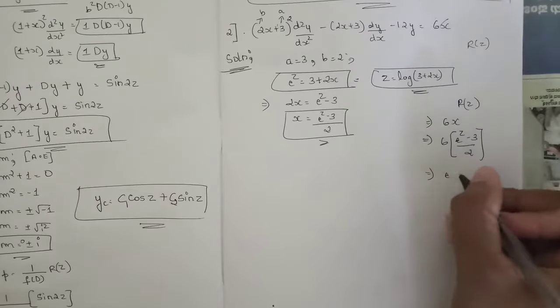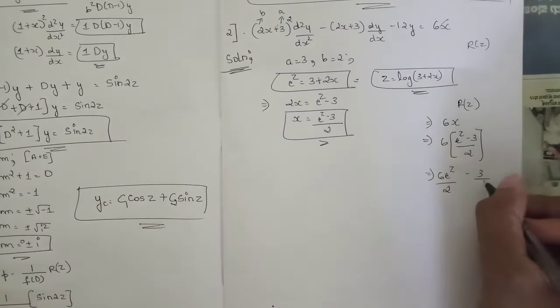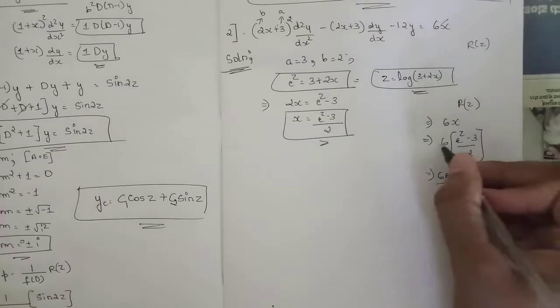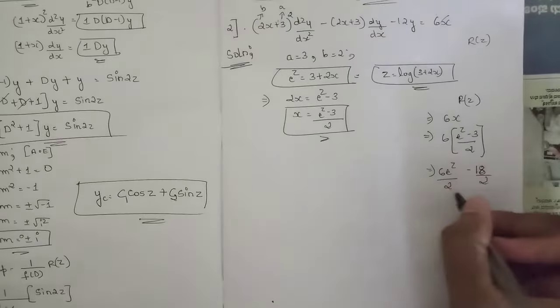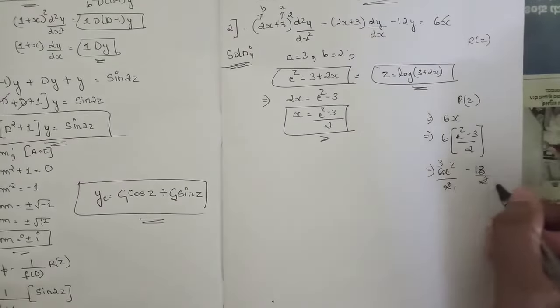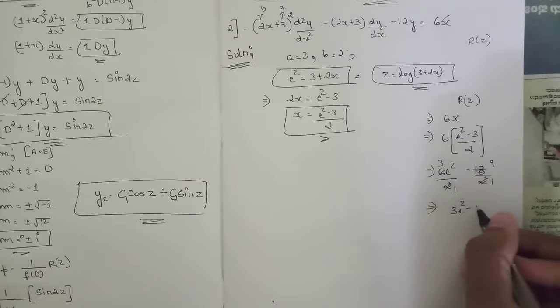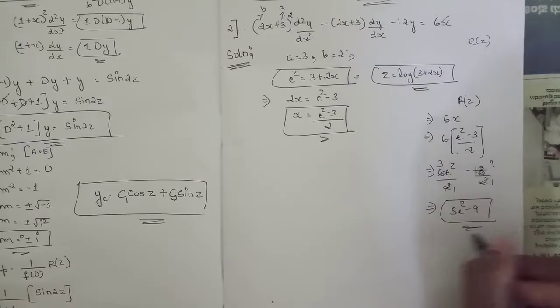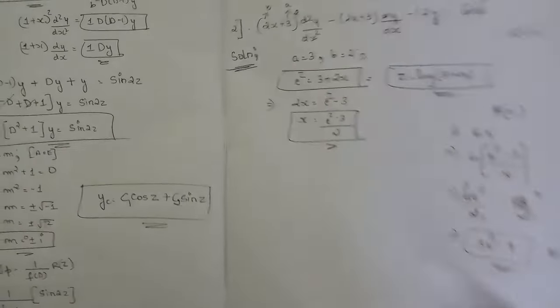That is 6e^z/2 minus 6 times 3, which is 18/2. Simplifying, 2 ones are 2, 2 nines are 18, so we get 3e^z − 9 as our r(z) term.